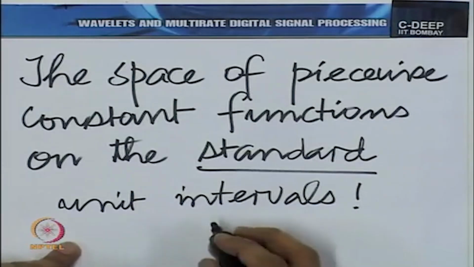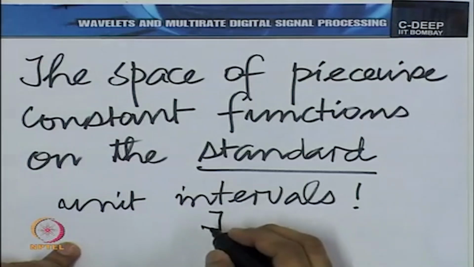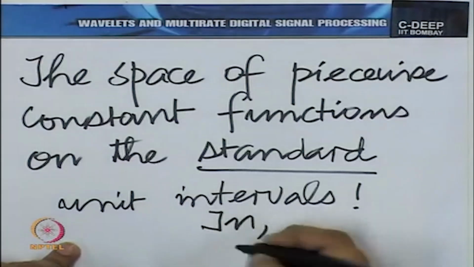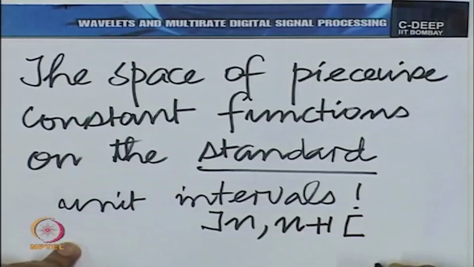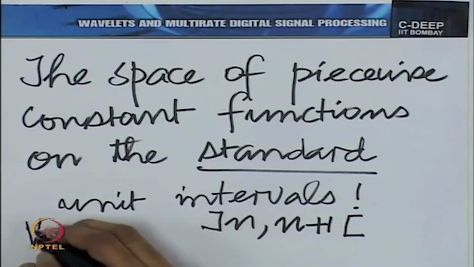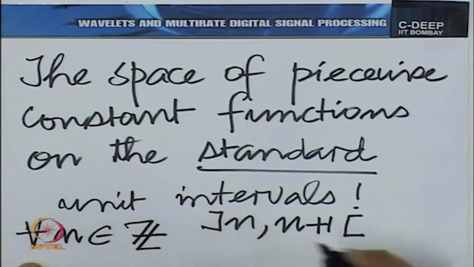What are these standard unit intervals? The standard unit intervals are the open intervals (n, n plus 1) for all n over the set of integers. Now, I wish to slowly start using notation which is convenient.